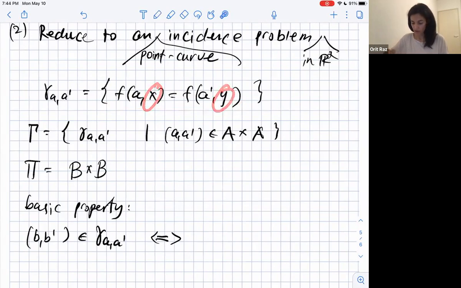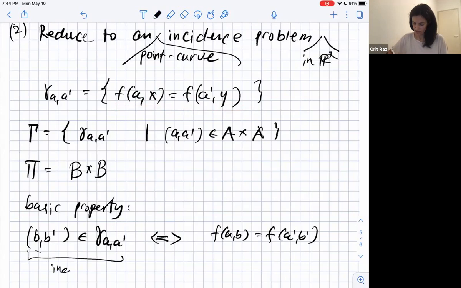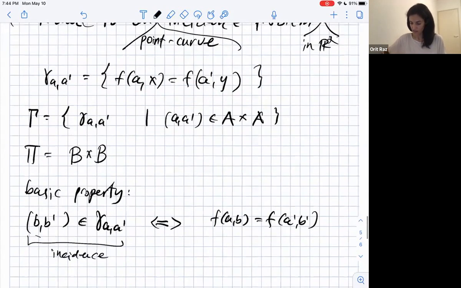And now I know that B prime satisfies this equation, right? So if we take x equals b and y equals b prime, this equation is satisfied. So this exactly means that f of ab equals f of a prime b prime. So this is called an incidence. So if I have an incidence, this means that I've found such a quadruple in Q.